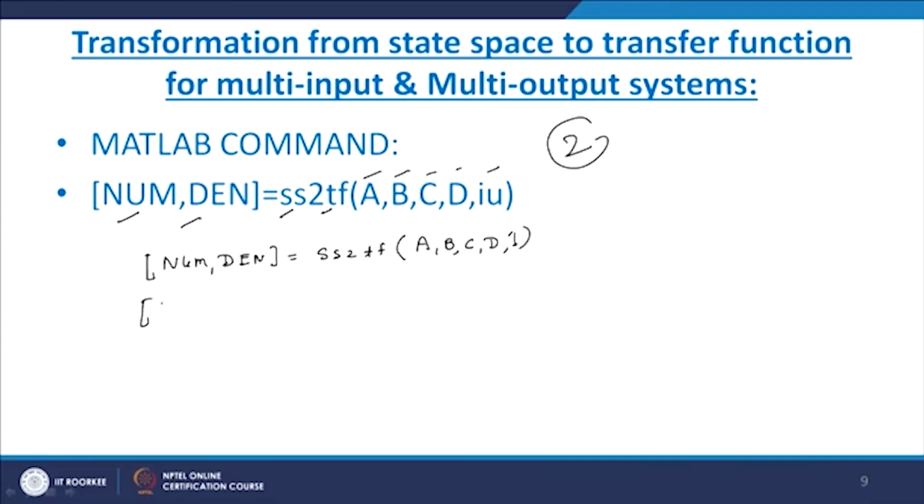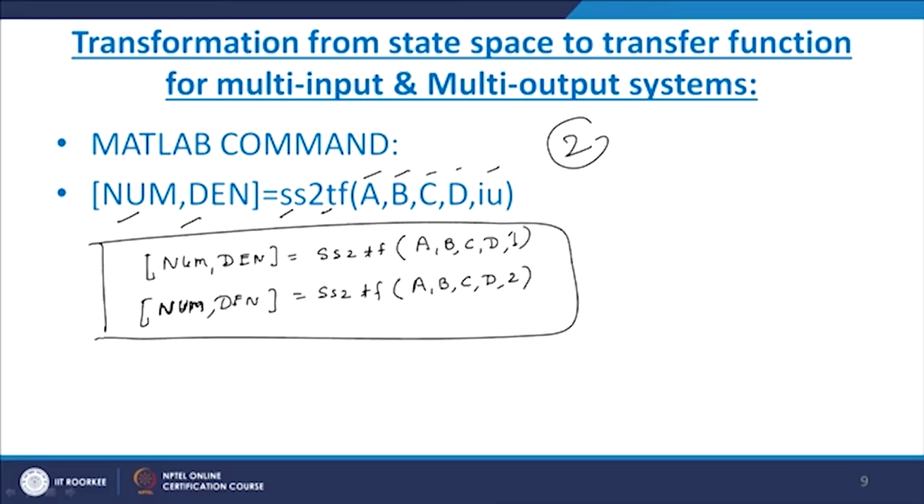Then for the second input, [num, den] = ss2tf(A, B, C, D, 2). So these are the commands for a 2 input system. Now, how to use this command? I will take an example, for a 2 input 2 output system, and we will see in what way we get the result using MATLAB.